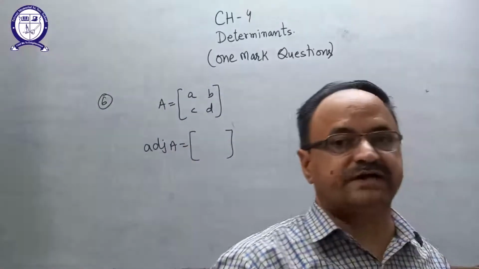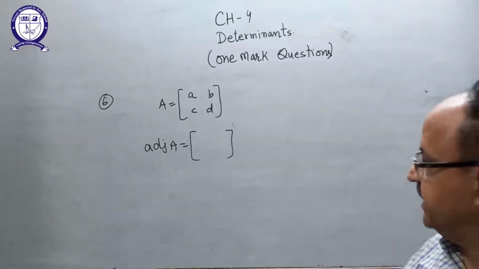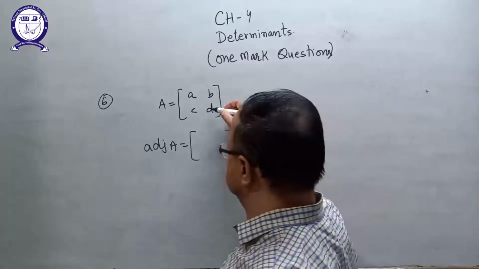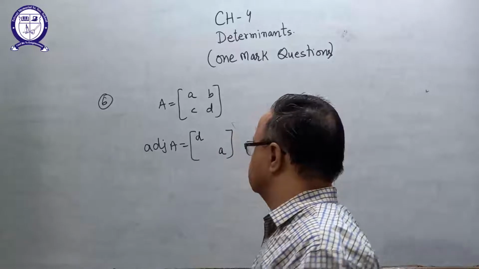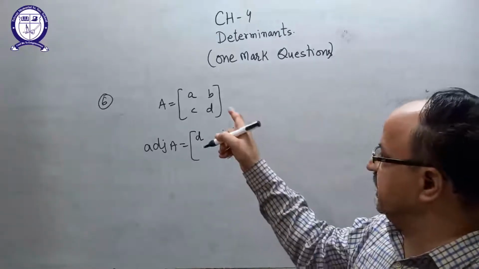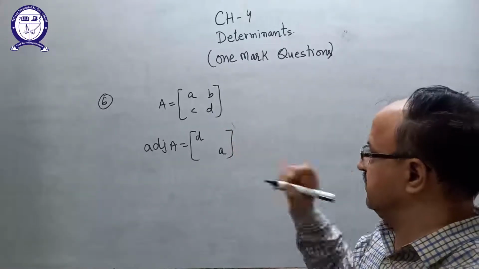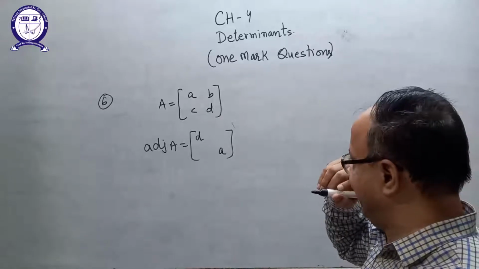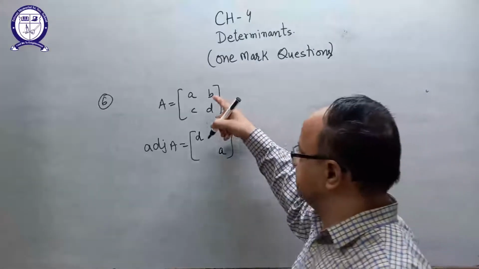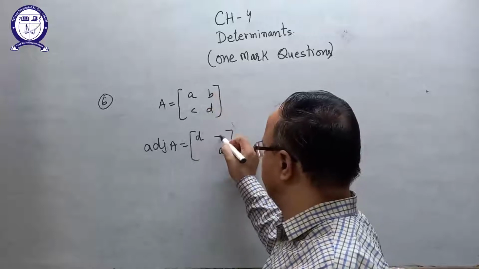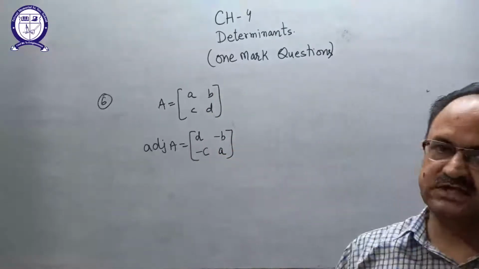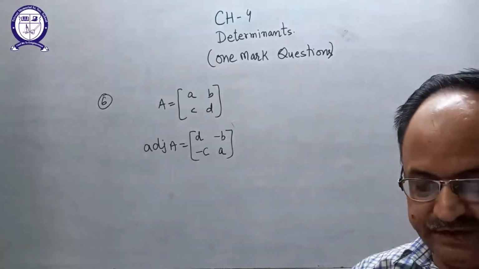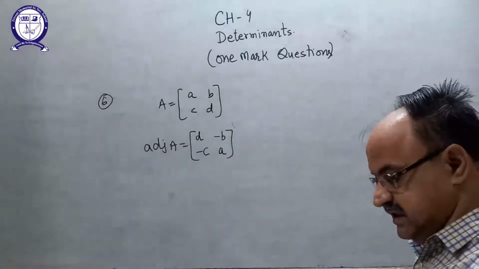Adjoint of the matrix, you know very well: interchange the elements A11 and A22, that is D, A, and change the sign of the other elements, minus B, minus C. There is the answer. Adjoint. Next.